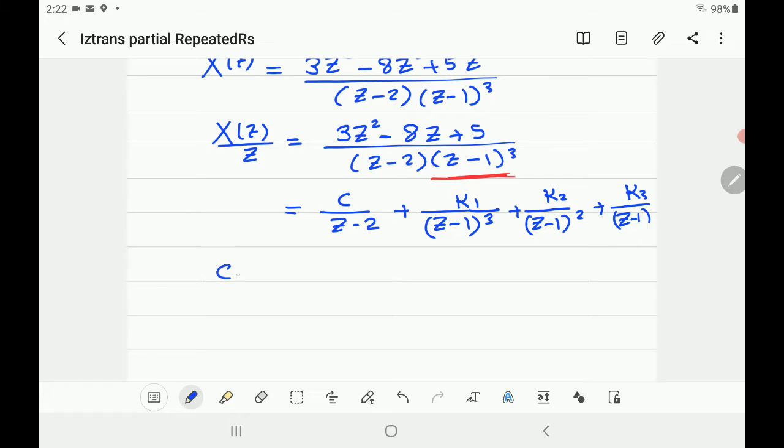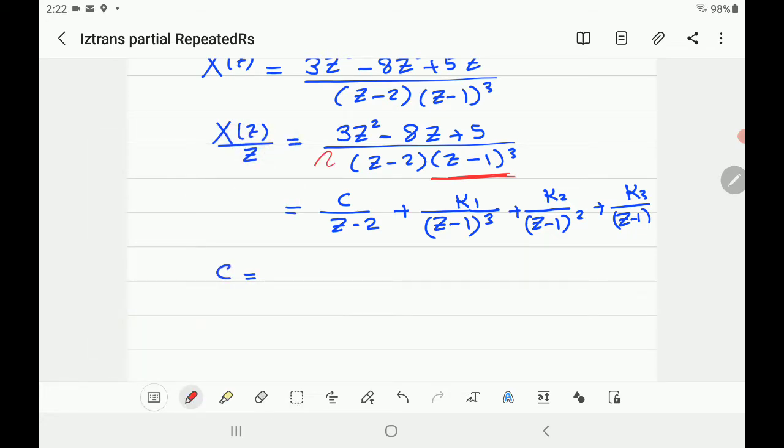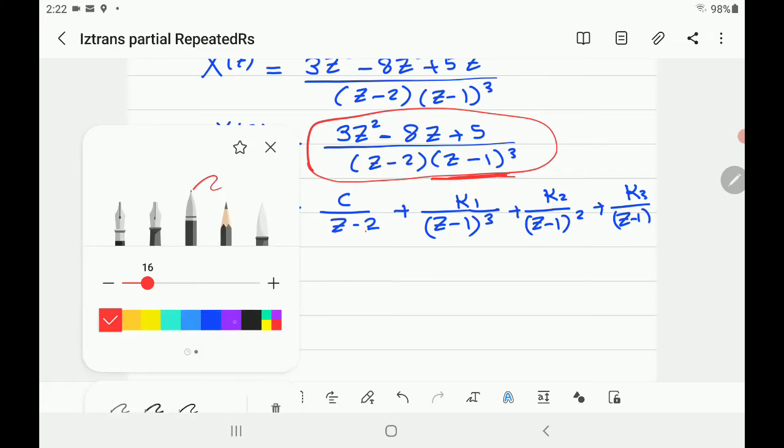c will be found as we explained the last time. You look for the polynomial that we have here, x of z over z, and see the denominator is z minus 2, so do not use this term. You write everything except this term.